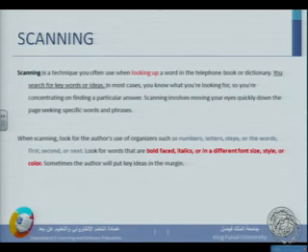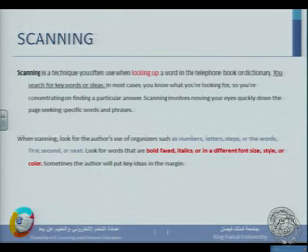The scanning is used to find something about numbers, letters, steps, or words, or dates, or italics. Scanning is used to find something about numbers, letters, dates.